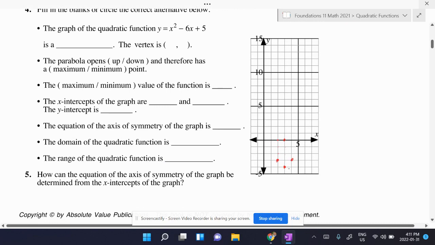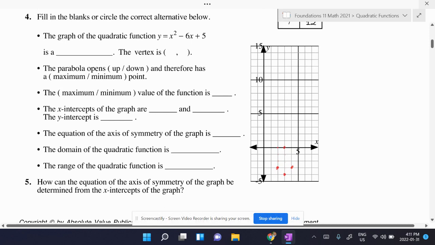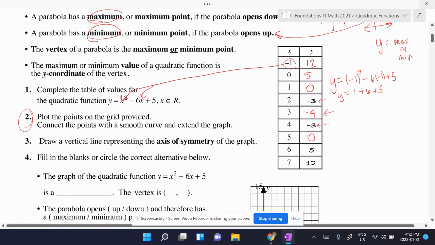Okay. So I have 3, -4, 4, -3, 2, -3. Now I'm going to just pop right up to here. 7 and -1, they both have 12.